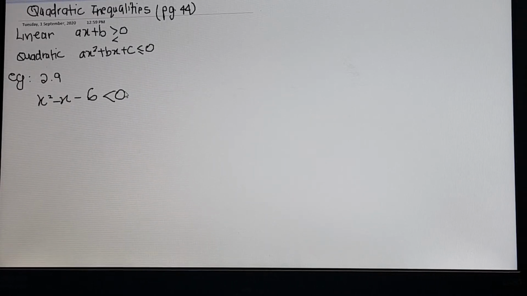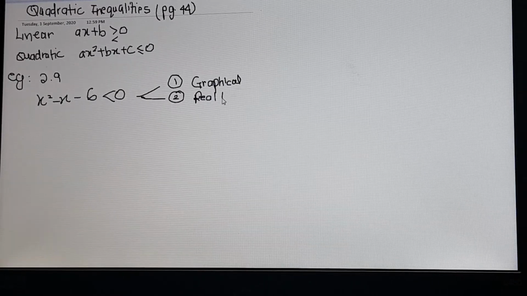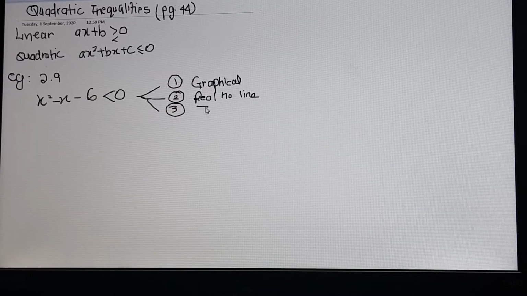One, we call it graphical method. The second method is the real number line method. The last one, we call it table of sign method.